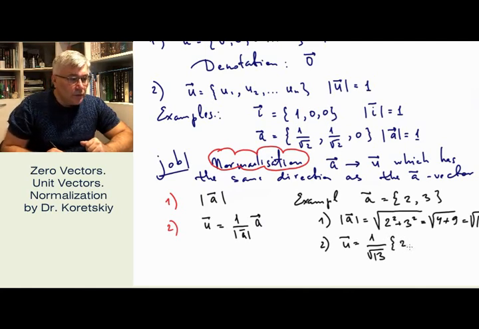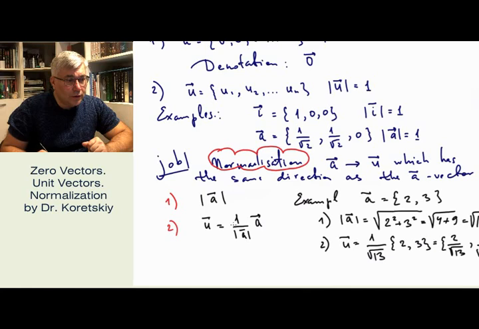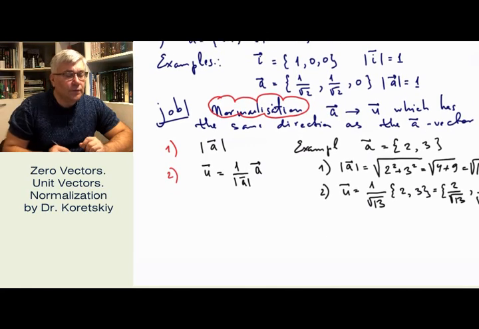Then normalization, vector u equals 1 over square root of 13, we take the positive root, times the components of the given vector. So the new vector has components 2 over square root of 13, 3 over square root of 13.